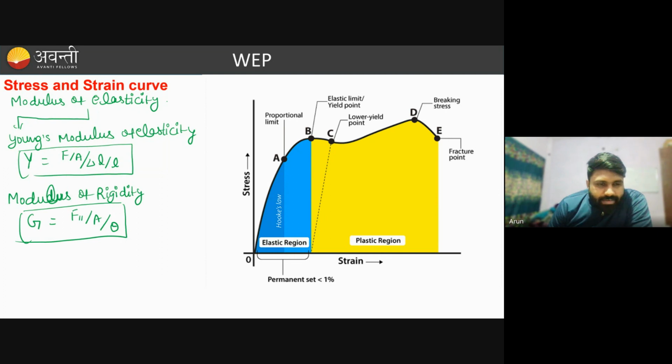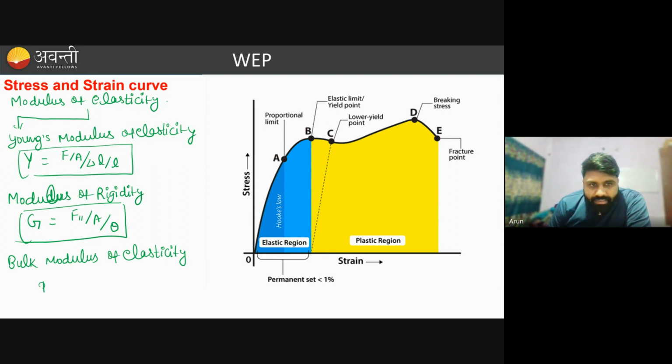And then finally we have bulk modulus of elasticity. Bulk modulus of elasticity is very easy.